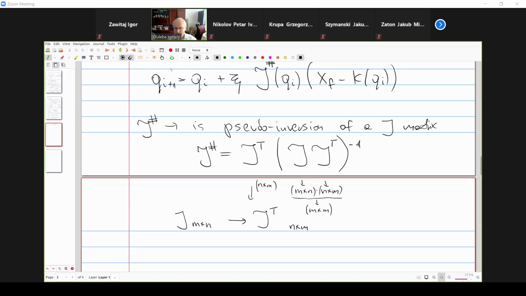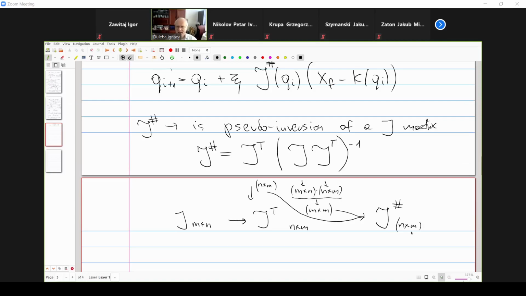Inversion of a matrix leaves the size of the result the same as the argument. So coupling this and this together, we conclude that J hash is a matrix of the size N by M.